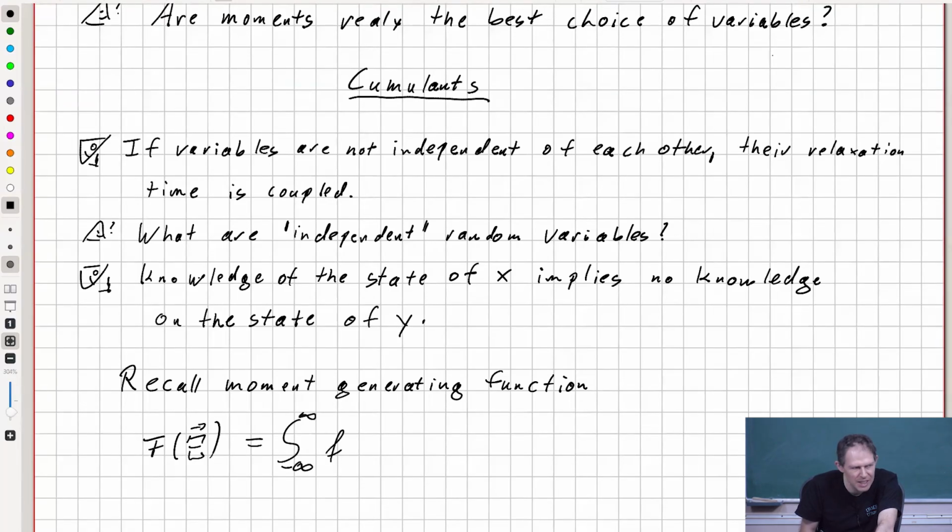You can also write it as a Fourier transform. Then you need some complex variables, but this is the same thing here. We integrate over all the velocities e to the power of the velocity without minus. So it's actually the inverse Laplace transform if you are more accurate mathematically, but whatever.